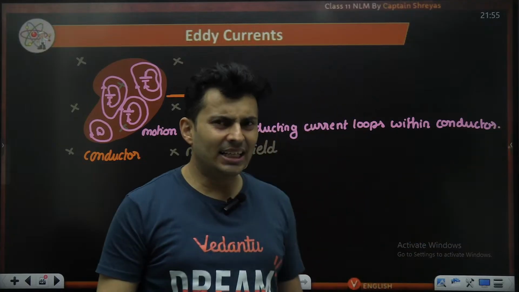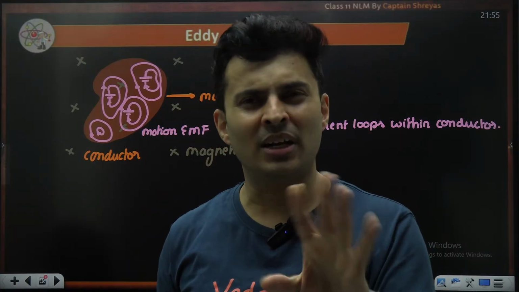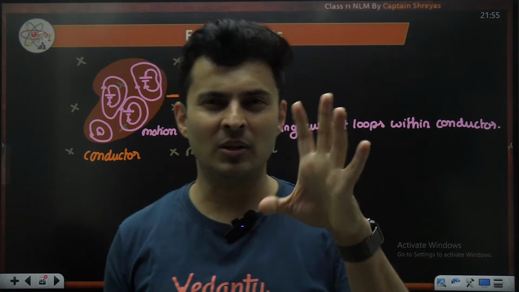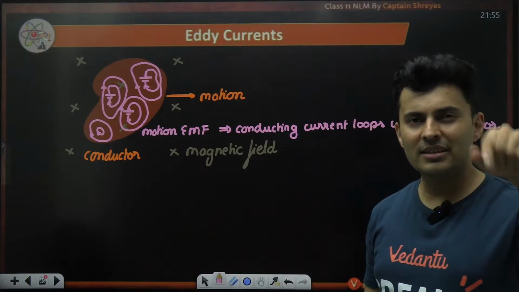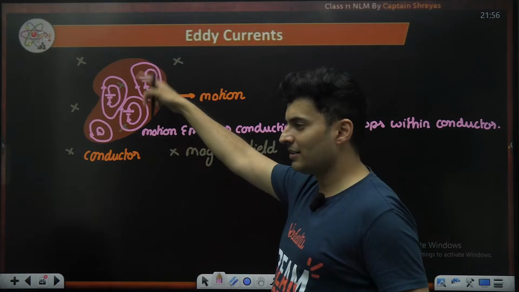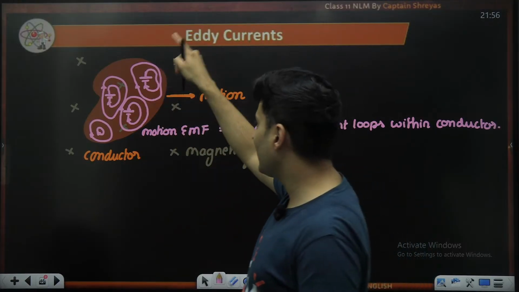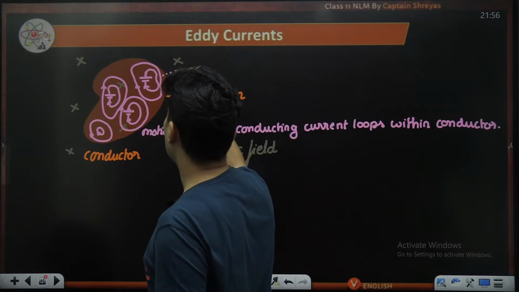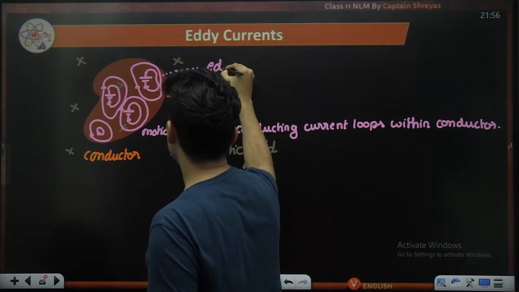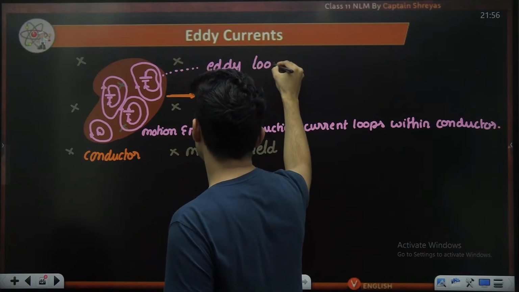Now, is the current in some nice direction? No, right? It is some random thing, depends on the nature of the material, least resistance path. So these loops are formed like circles, curves everywhere within that conductor. These current loops are called eddy current loops.